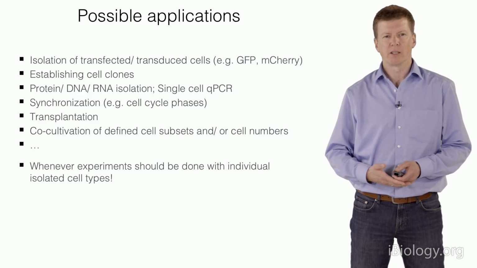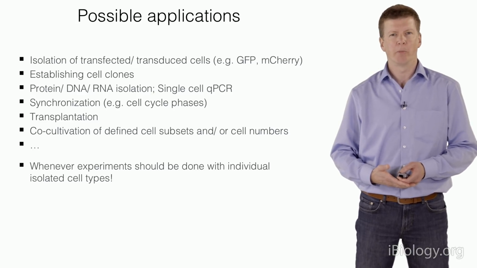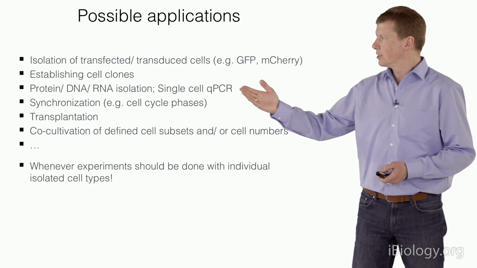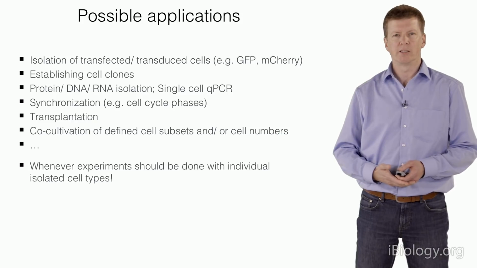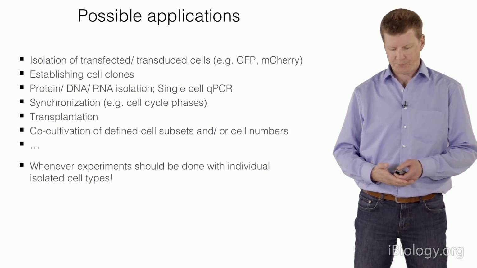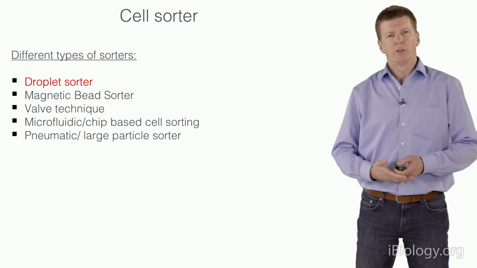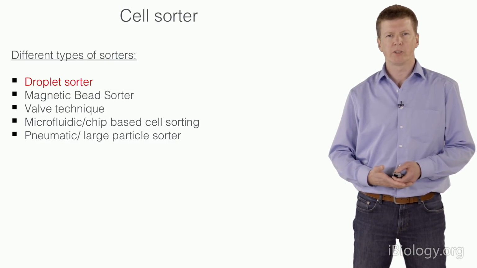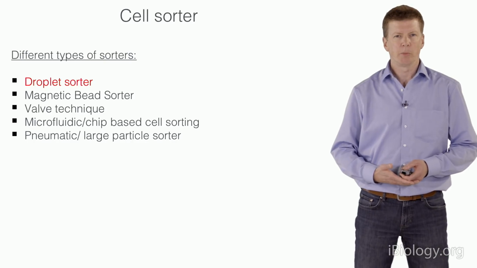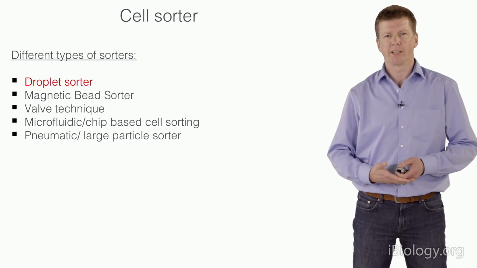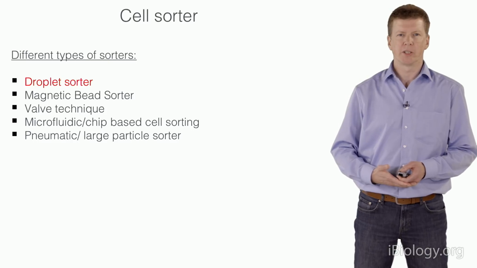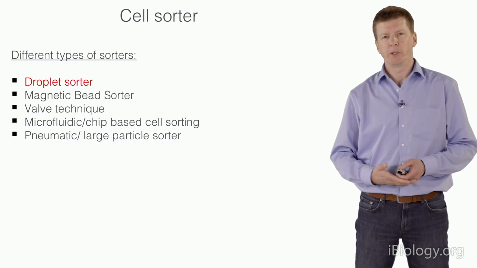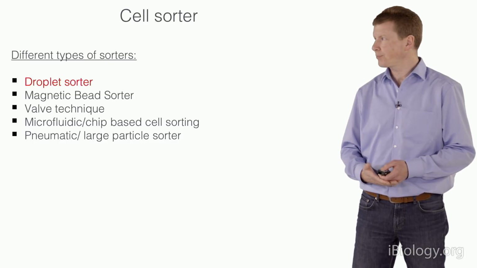But in the past, there was very high demand for single cell analysis, and single cell transcriptome analysis is getting more and more important. Today, I'm focused on the droplet electrostatic cell sorting technology, and all these other possible mechanisms like magnetic activated cell sorting or chip-based and microfluidic devices will not be discussed in detail today.